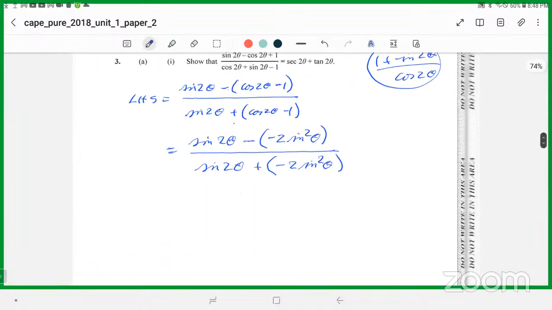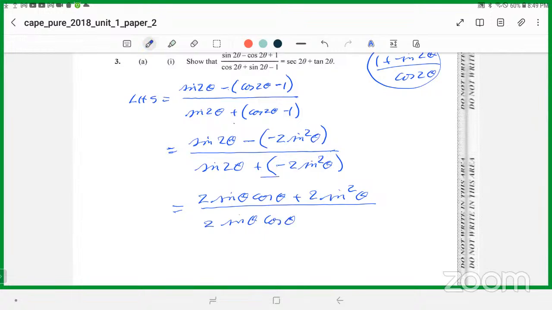All right, I'm working with that now. So this now, I'm going to expand this out. It is 2 sine theta cos theta. So I'm going to get 2 sine theta cos theta. The minus becomes a plus. So I get plus 2 sine squared theta over, this again is 2 sine theta cos theta. But here I'm going to just get minus 2 sine squared theta.